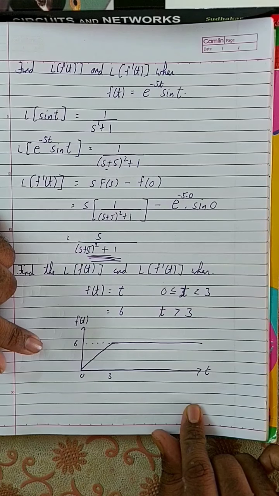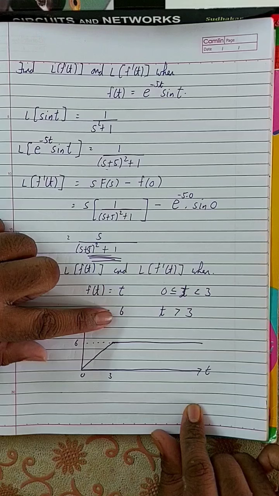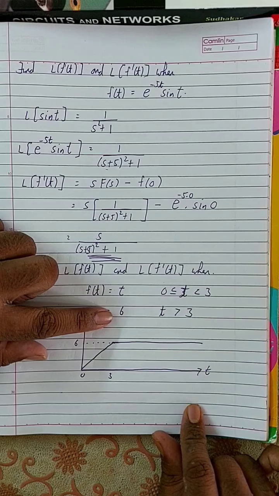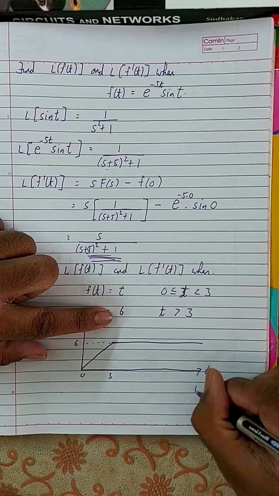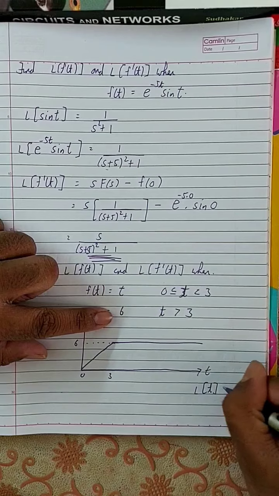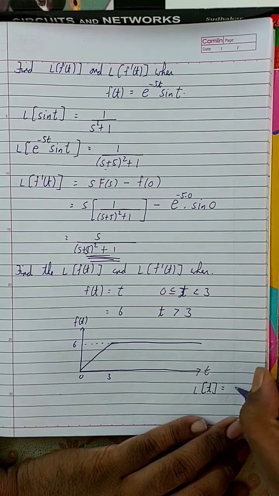It's very simple, right? But here, do not ever apply the Laplace transform of your unit ramp function. We all know that the Laplace transform of t is equal to 1 by s square.